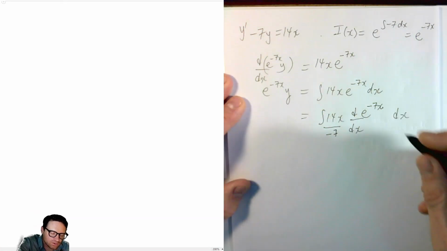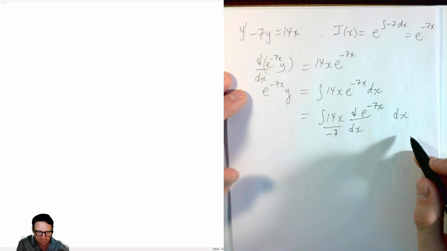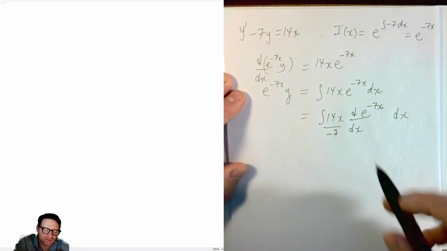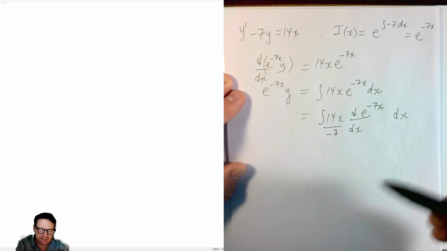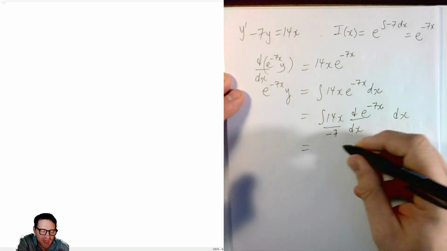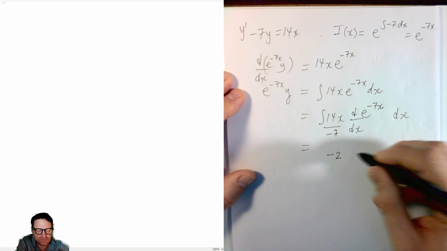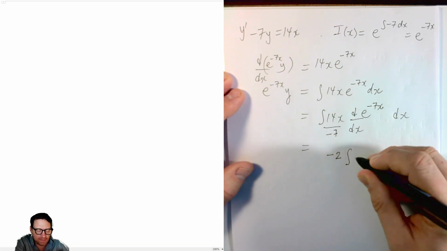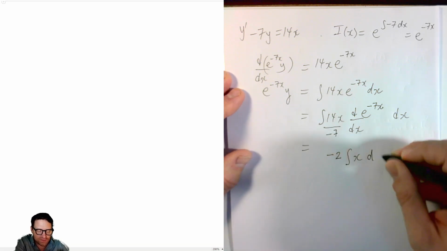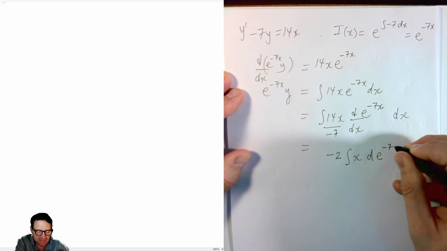Okay, so let's continue. Now, this is a substitution, so what I can do next is get rid of the dx's and write this as minus 2 integral x with respect to e to the minus 7x.